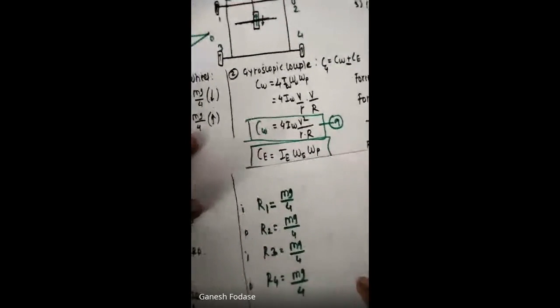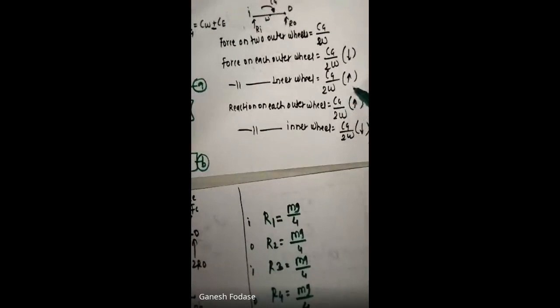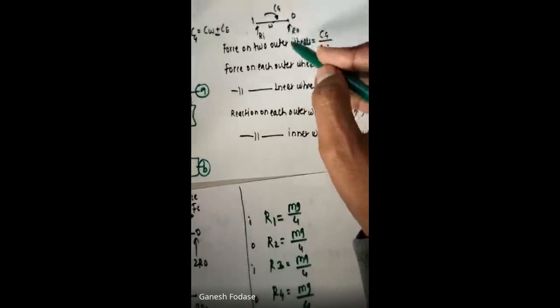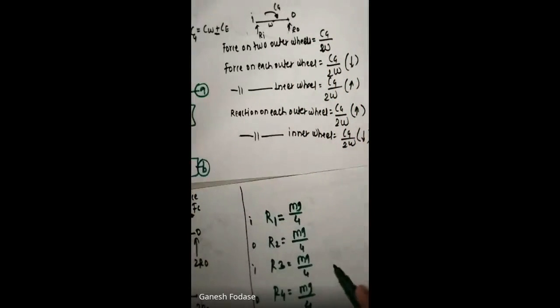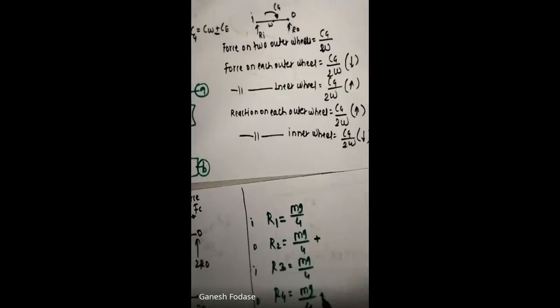Okay. Now talk about gyroscopic couple reaction. On which wheel is it positive? You observe, tell me here. Reaction on which wheel is positive? Outer. Just in front of you, it is clockwise. Reaction is positive for outer wheels. Which are the outer wheels? R2 and R4.